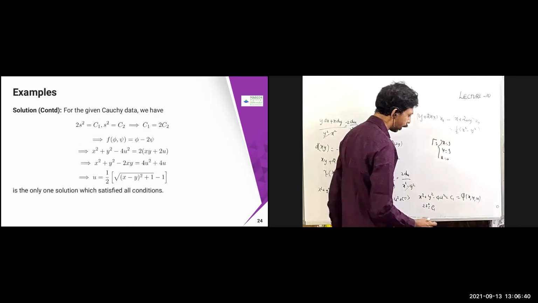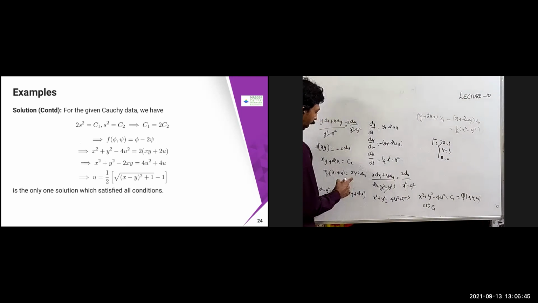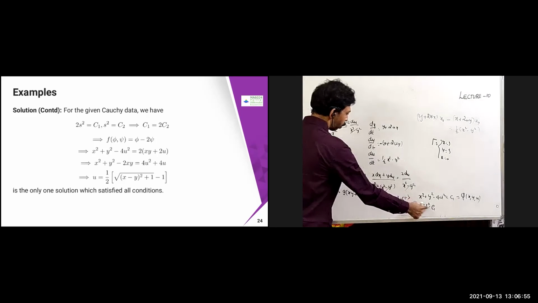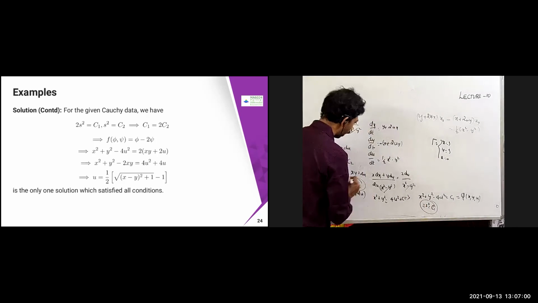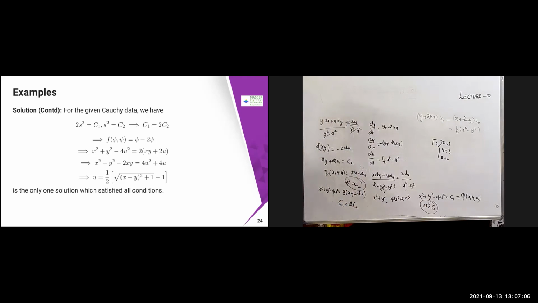For the second one, if I substitute, again s square plus s square is going to come, equal to c2 square. So 2s square equal to c1, s square equal to c2. For these two, I can get c1 is equal to 2c2.